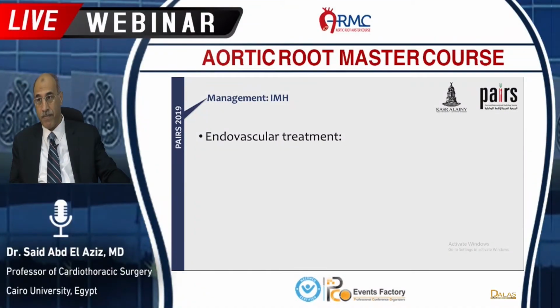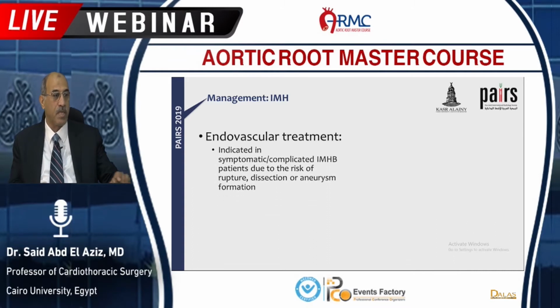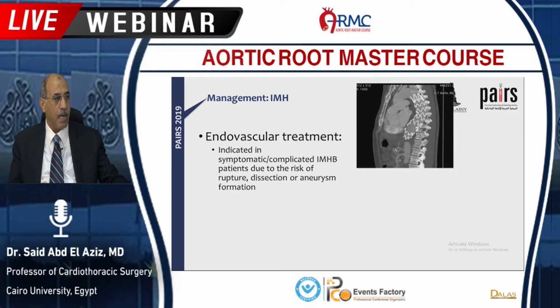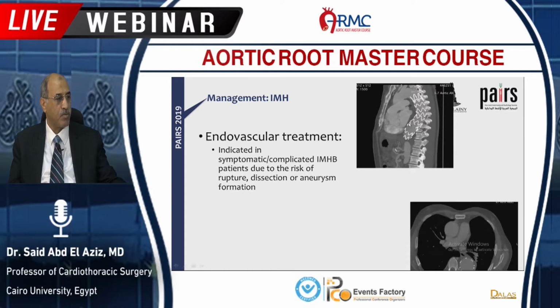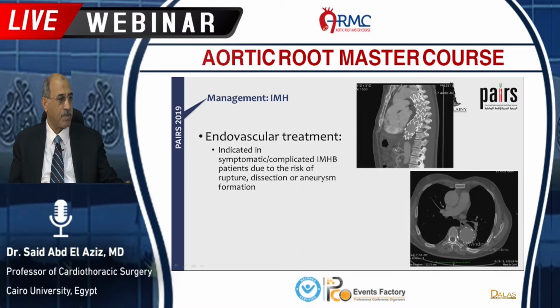The endovascular management of intramural hematoma type B is always indicated in symptomatic and complicated patients, due to the risk of rupture, dissection or aneurysm formation. Here, this is a stent that we have put, and this is the cut section after the stent. We have disappearance of the whole hematoma around the stent.